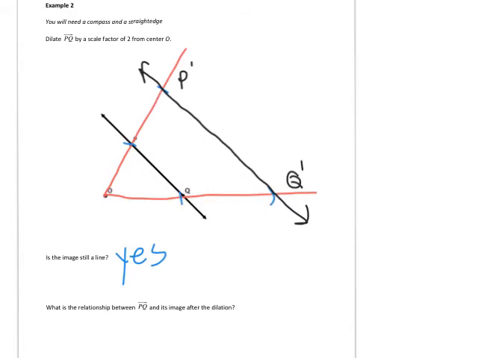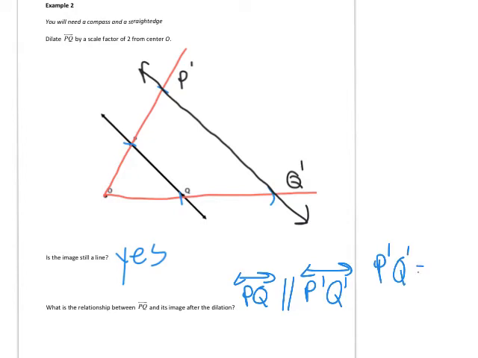So the line segments have that same relationship again. So we can say line PQ is parallel to line P prime Q prime. And segment, we'll write it this way, segment P prime Q prime is still double segment PQ.